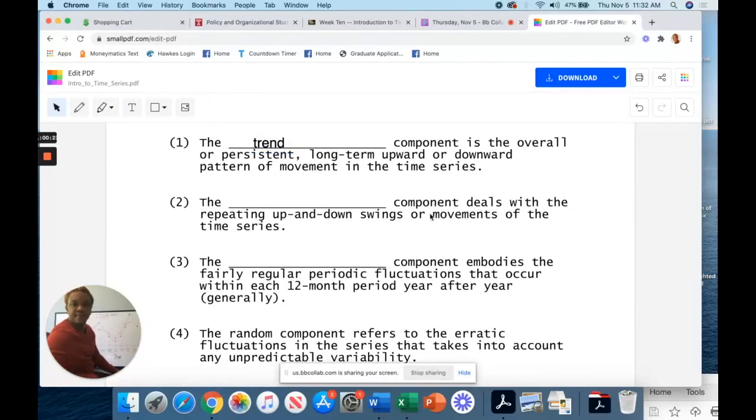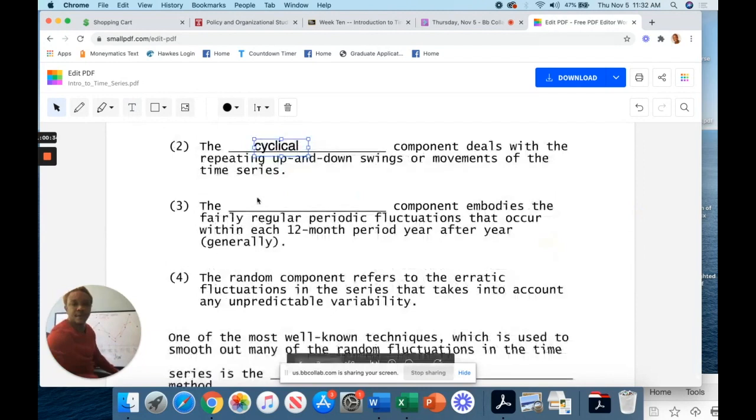Up and down movements, I'm going to call that cyclical. Within the cyclical, we have the seasonal. Seasonal there.